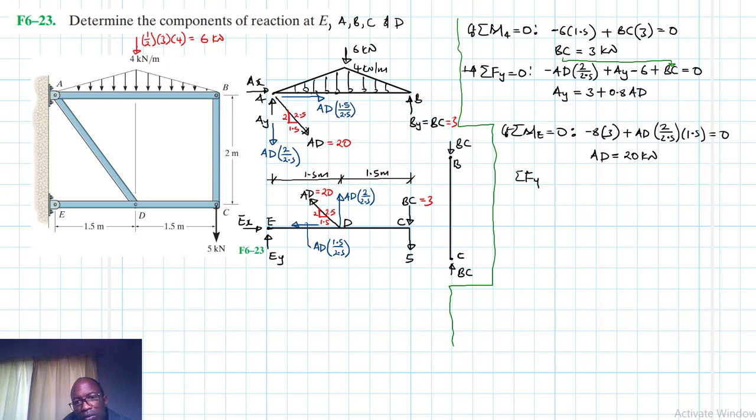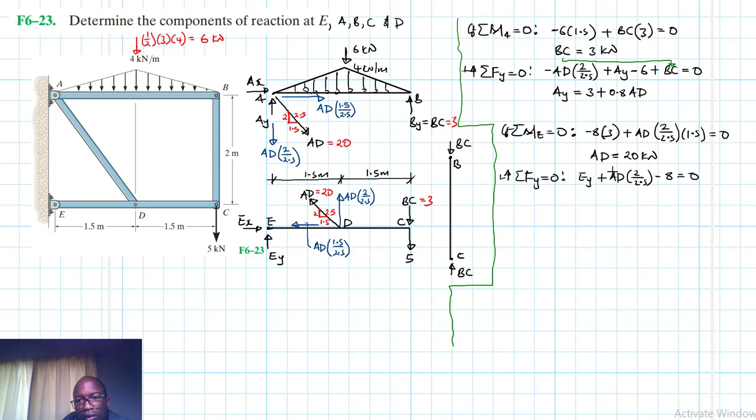So summation of forces in the y direction equal to 0. We have EY plus AD 2 divided by 2.5 minus 8.